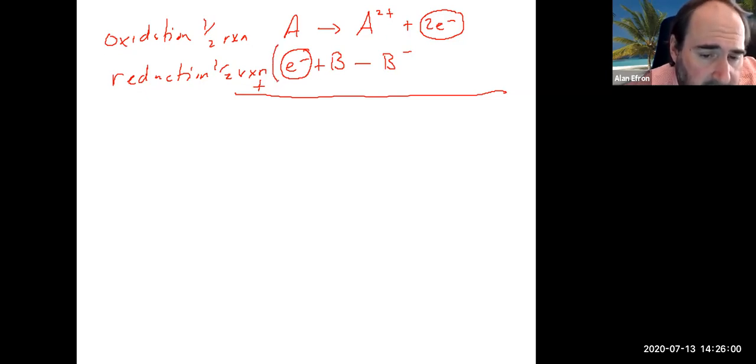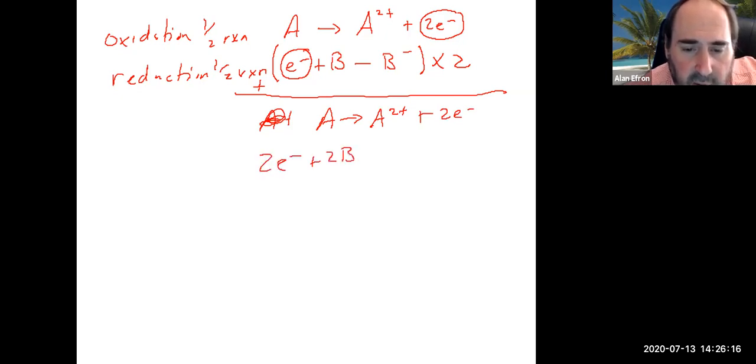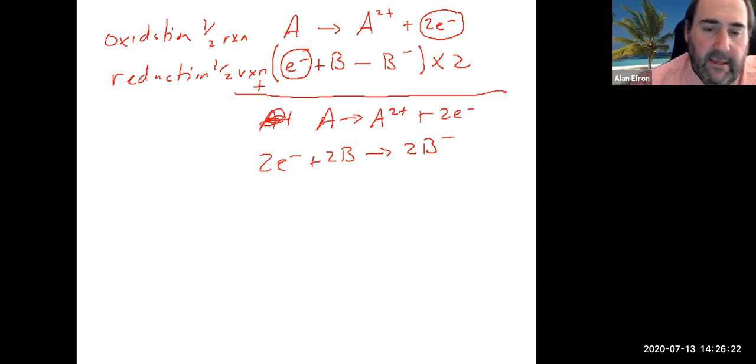So what you would typically have to do is take this guy and multiply the entire thing by 2. And that would give you the top one that didn't do anything, plus my bottom one, which is 2 electrons plus 2b goes to 2b minus in this particular case.